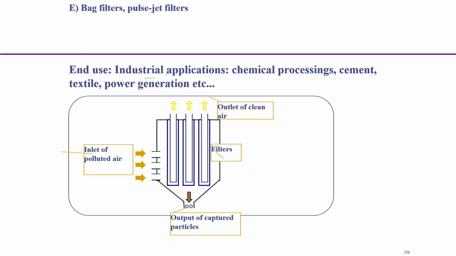Okay. Industrial chemical processing, cement industry, textile industry, power generation, where a large quantity of particles are generated. So, inlet polluted air is moving through these bags, okay, very large dimension bags fitted on the metallic frame, and the clean air is moving out, okay.